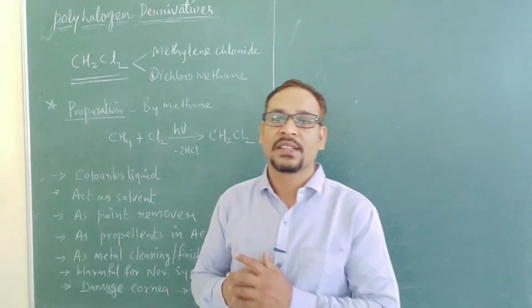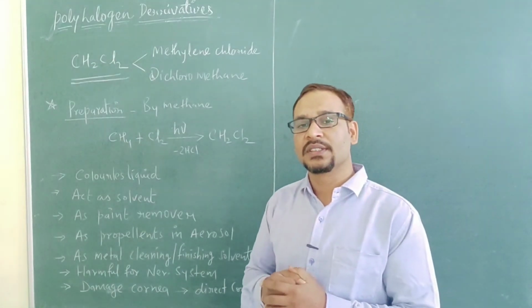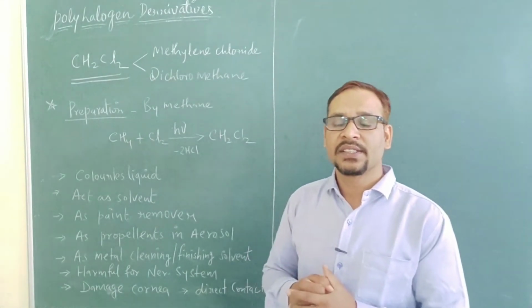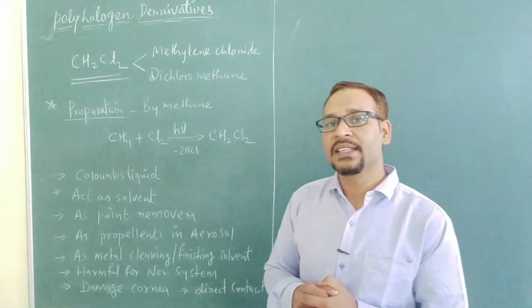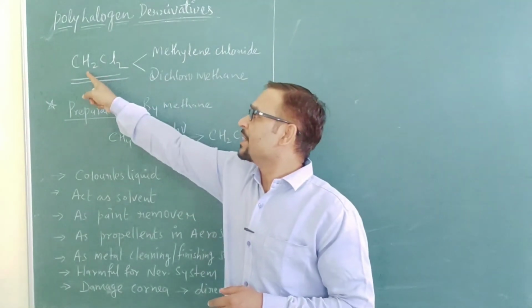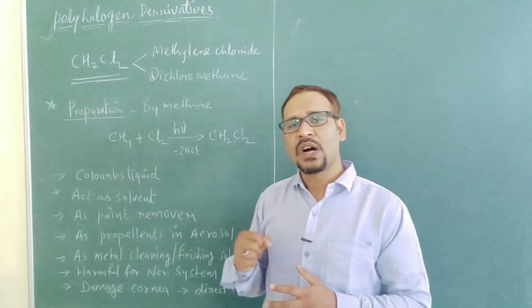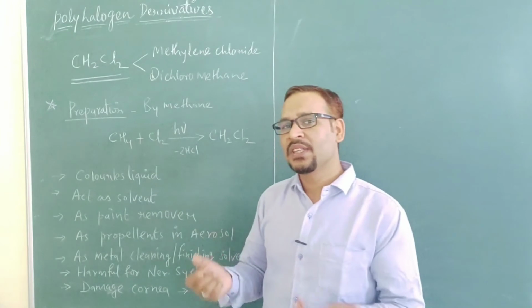So students, let's talk about another halogen derivative compound, that is CH2Cl2, methylene chloride, also called dichloromethane. Its IUPAC name is dichloromethane. So how is it prepared? It is prepared from methane only.